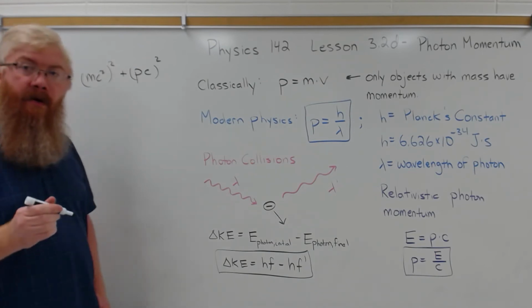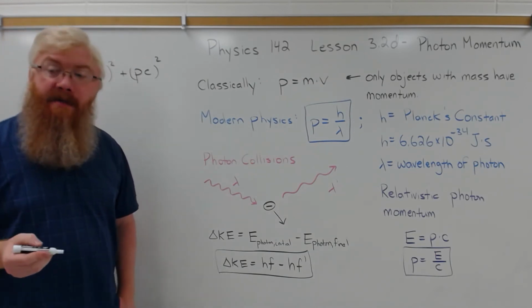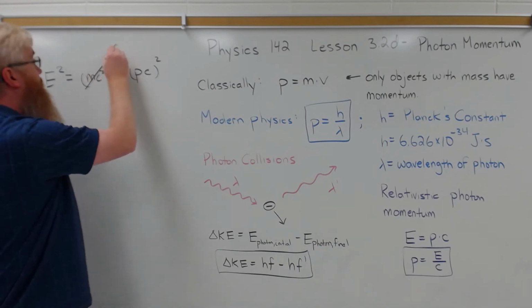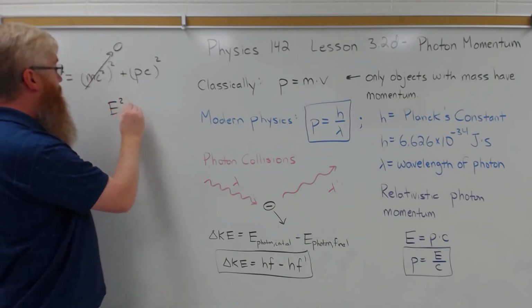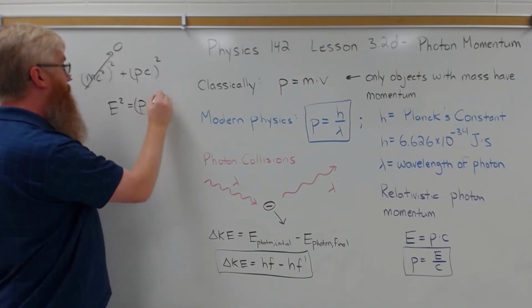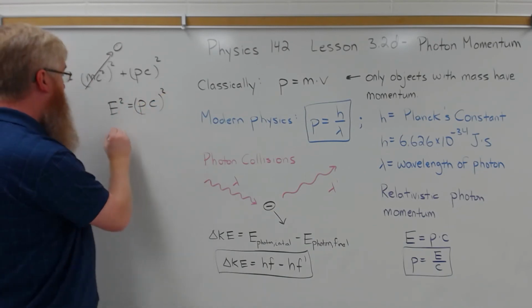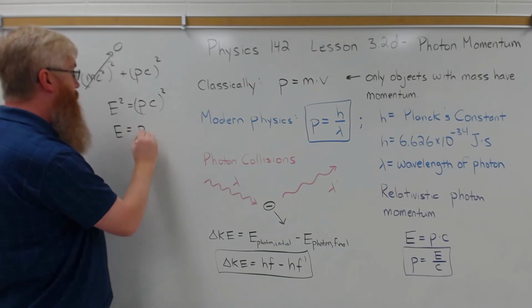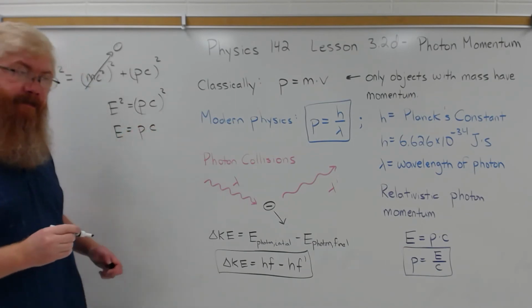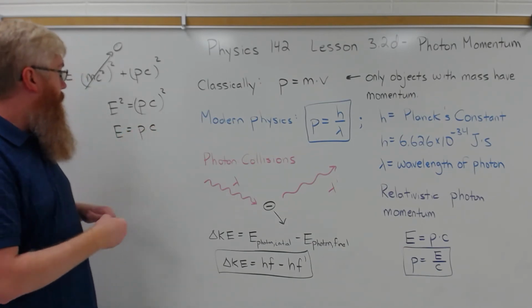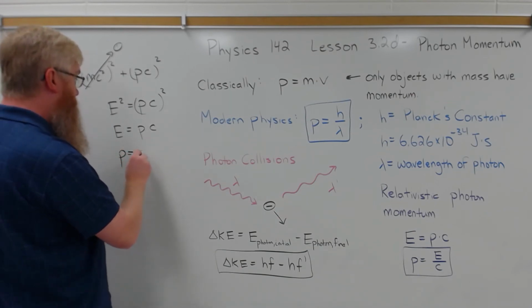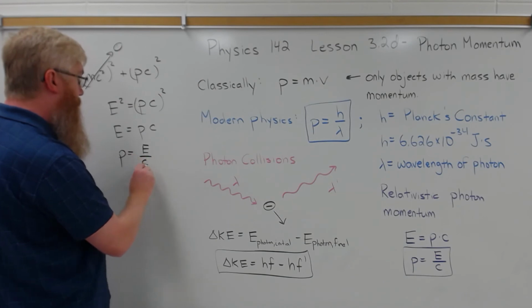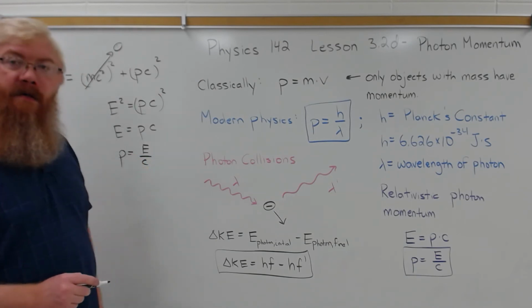But for a particle with no mass, this term goes to 0. So E squared is equal to (pc) quantity squared. Take the square root of both sides. The energy of a particle is equal to the momentum times the speed of light. Solving this for momentum, momentum is equal to the energy of the particle over the speed of light.